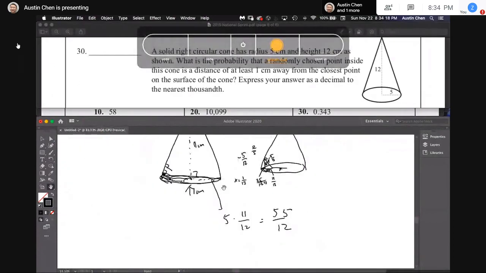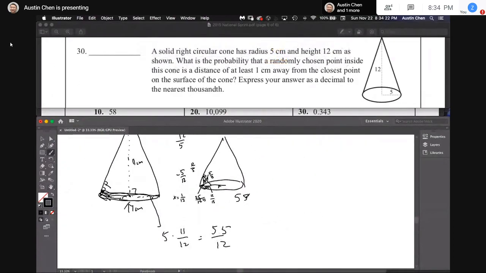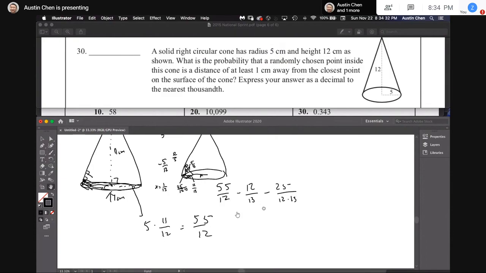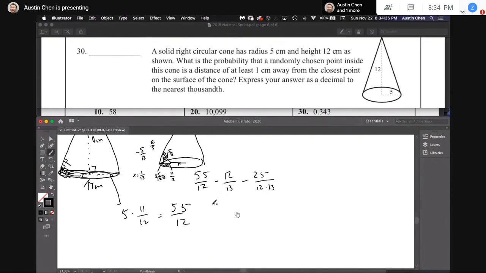Our old radius right there was 55/12. So our new radius will be this minus 12/13 minus 25/12 times 13. So this will be 55 times 13 minus 12 times 12 minus 25/12 times 13.